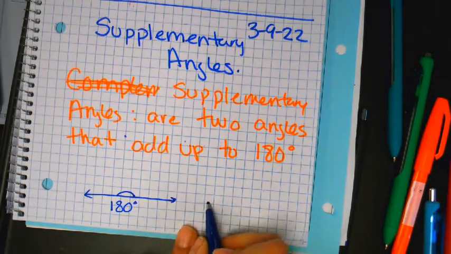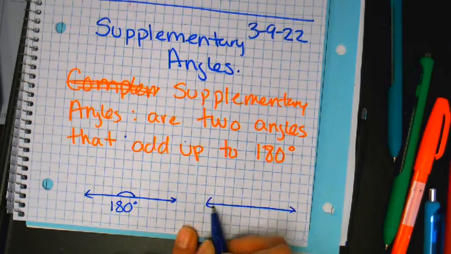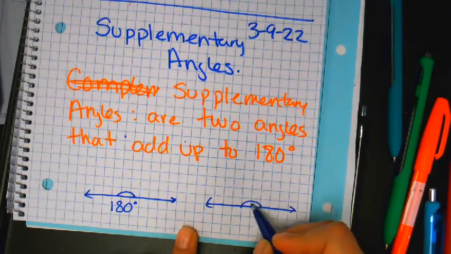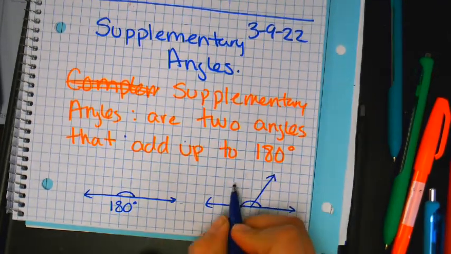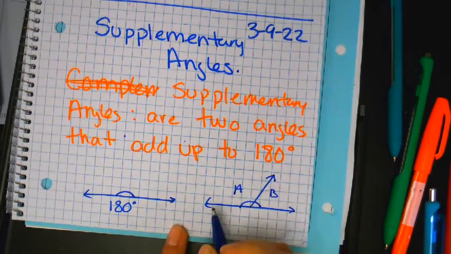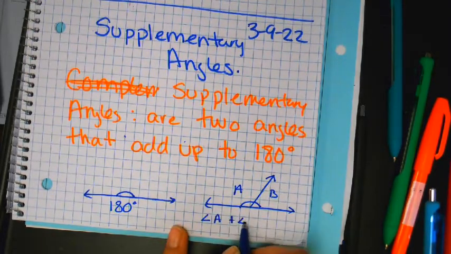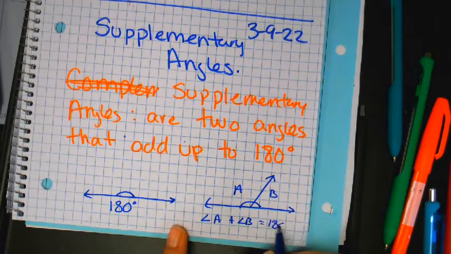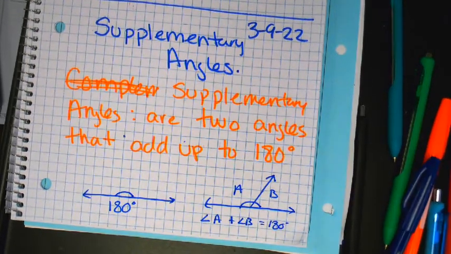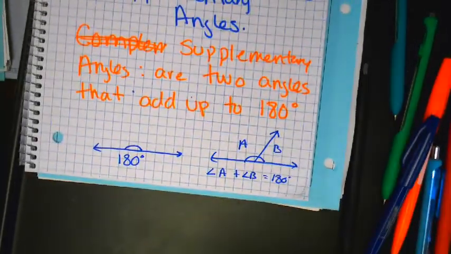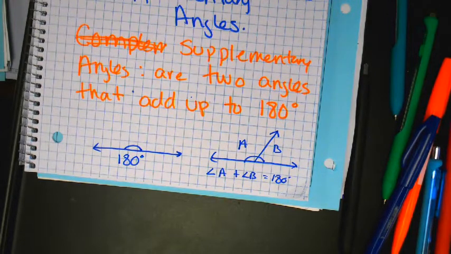So when I have a straight line and then I divide it into two angles, A and B, well, angle A plus angle B is equal to 180 degrees. That is called supplementary angles. Supplementary angles are two angles that add up to 180 degrees. So, complementary, 90; supplementary, 180.